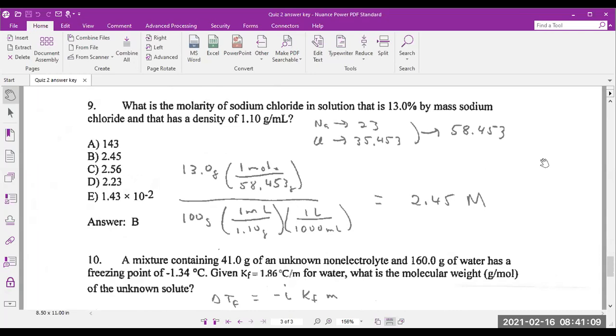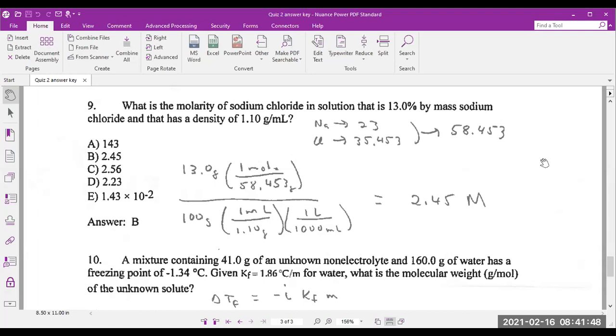We also hopefully remember that when we have something expressed in weight percent, which is what that 13.0 value is, we can do the problem by saying on a 100-gram basis, we have 13 grams of sodium chloride and 100 grams of solution. So if we set up that 13 grams in the numerator and use our molecular weight for sodium chloride, which we needed to calculate, that value is 58.453.